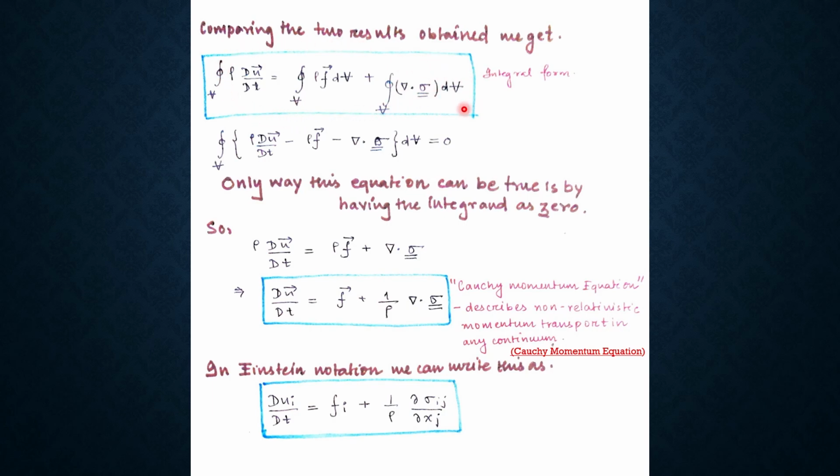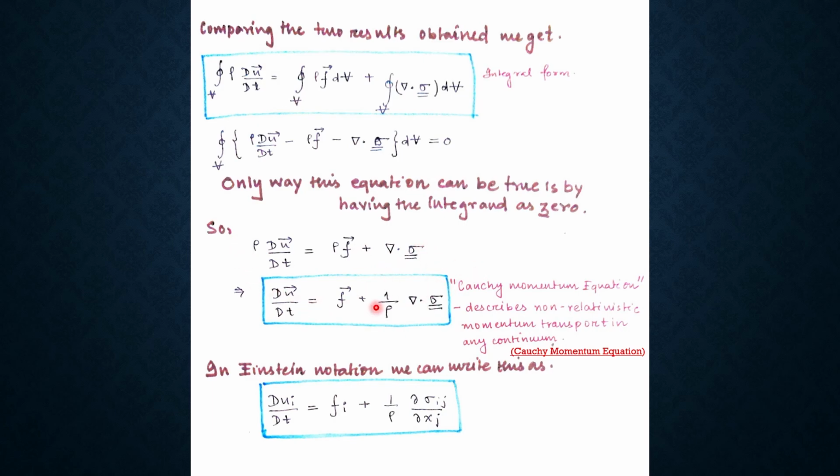The only way this integral expression can hold is if the integrands also satisfy this equation. So we obtain the differential form: rho times the material derivative of u equals rho times the specific body force plus the divergence of the stress tensor.